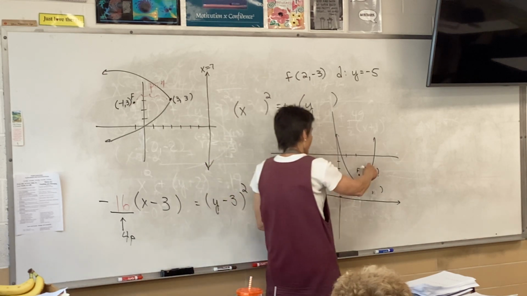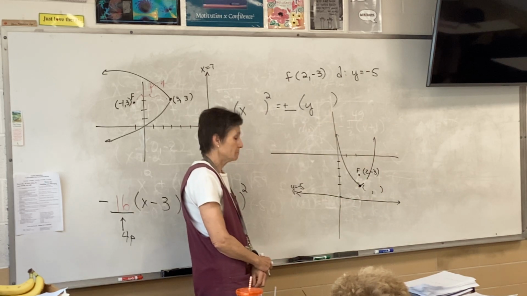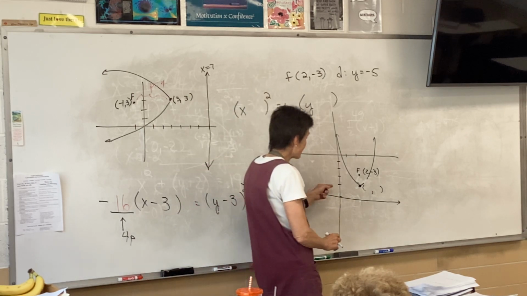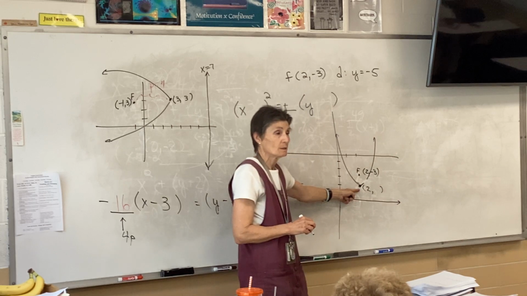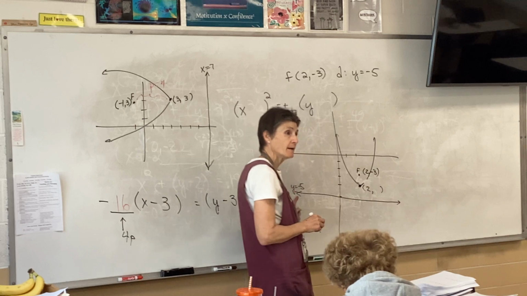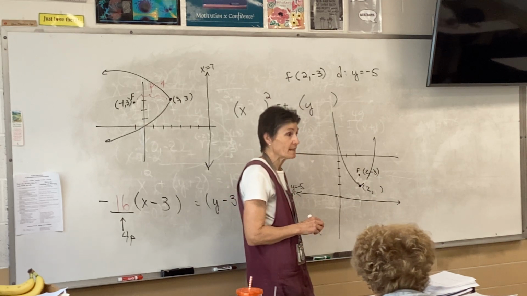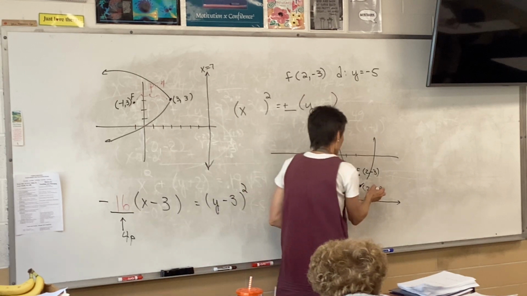That would be up here, wouldn't it? Well, isn't the x going to be the same as that x? Aren't we going over 2? And then we got to be halfway between -3 and -5? What's halfway between -3 and -5? -4. Yep.